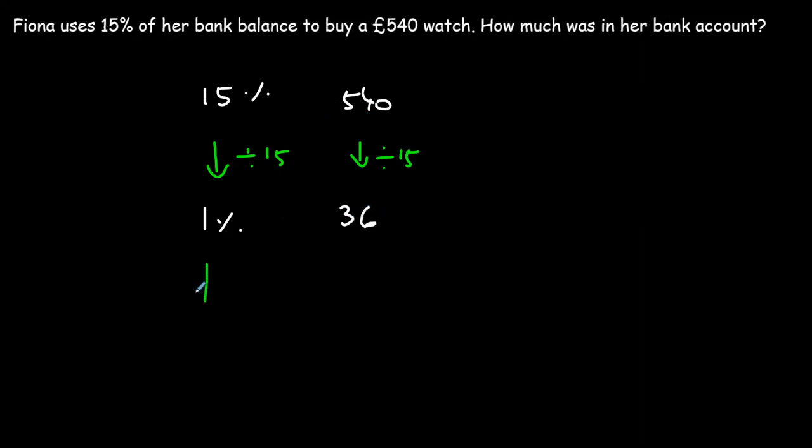And then we just multiply by 100 to get 100%. 540 over 15. Yep, so 100% would be £3,600. So that would be the original amount in her bank account.